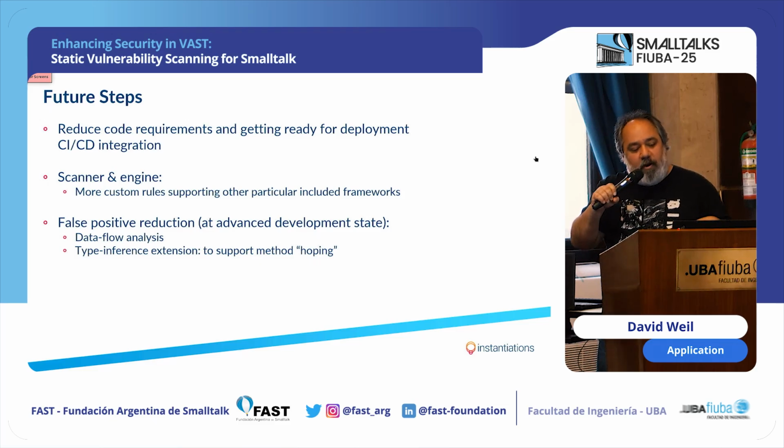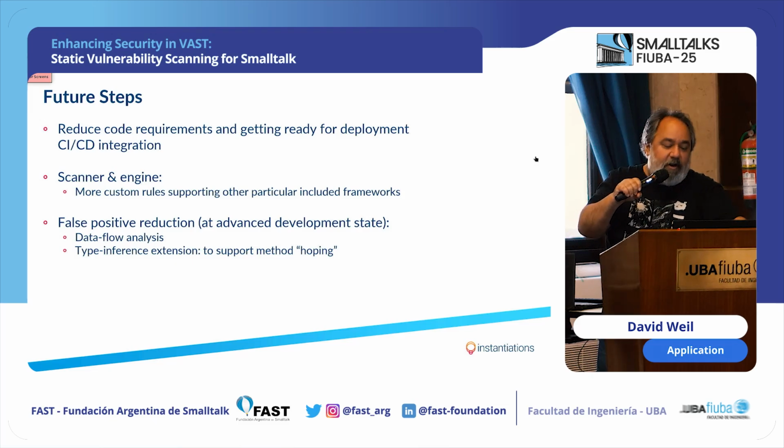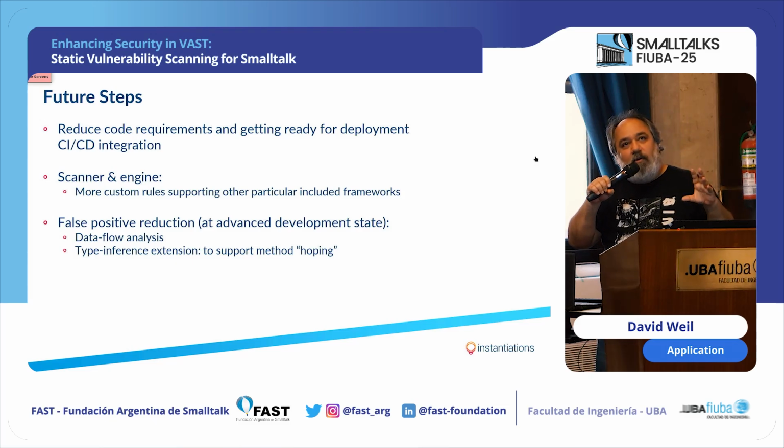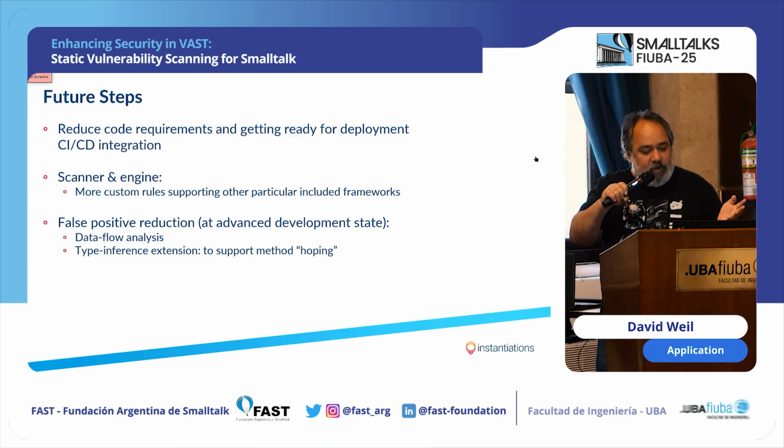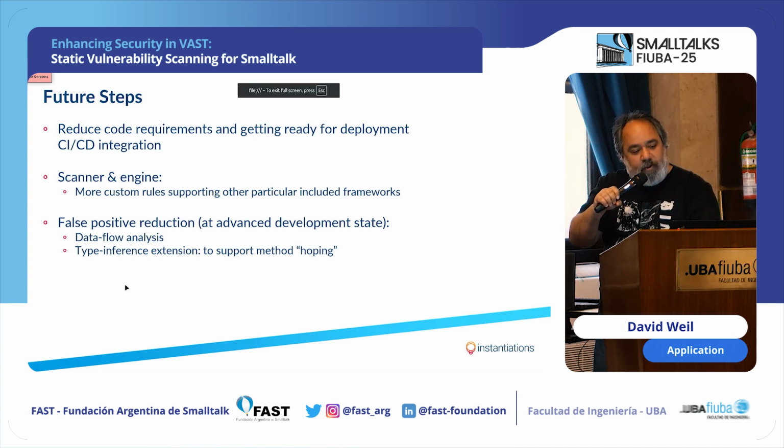And also we want to extend the type inference engine to not only analyze one method but also methods that are invoked by the first method. We have these two false positive reduction settings already implemented.